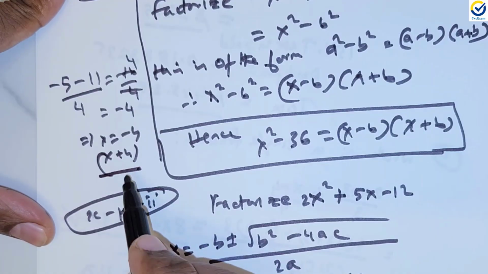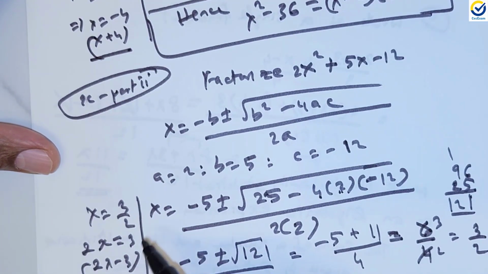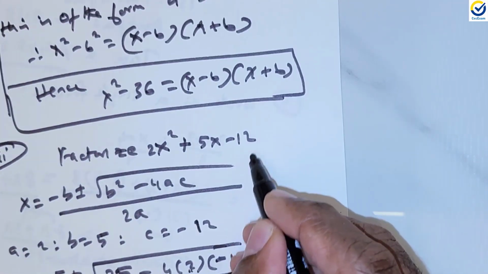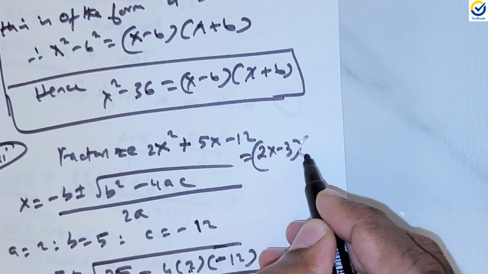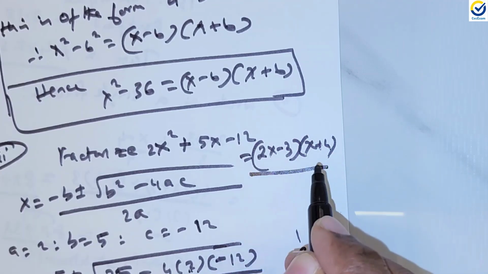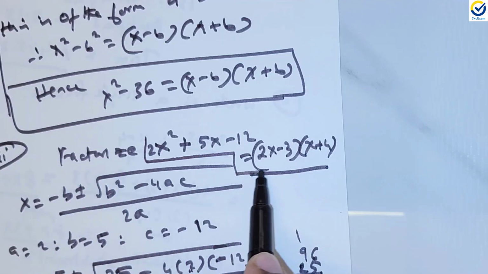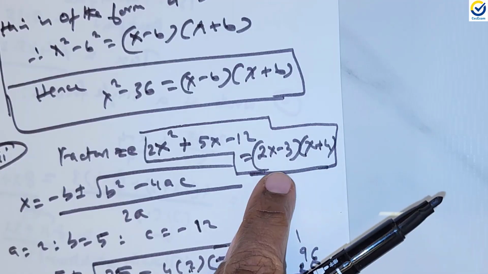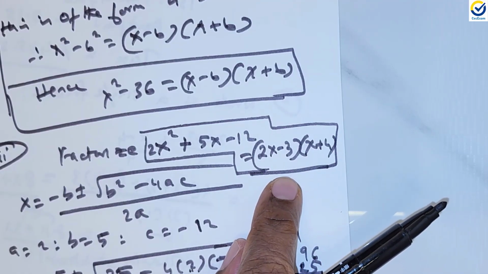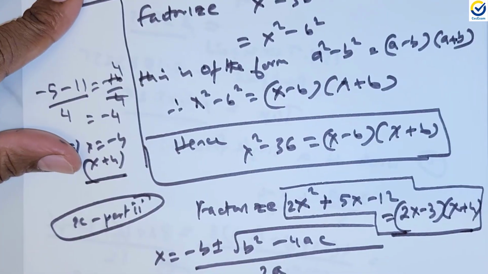So you have two factors, x + 4 and 2x - 3. The final solution is (2x - 3) multiplied with (x + 4). Make sure to write this and you box it up. This is the solution for this question.